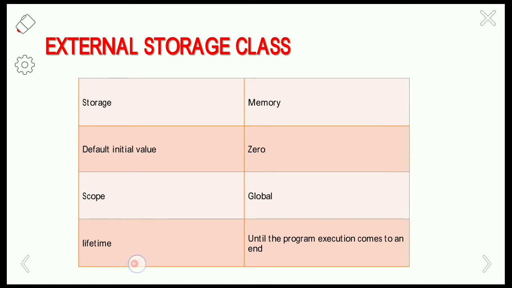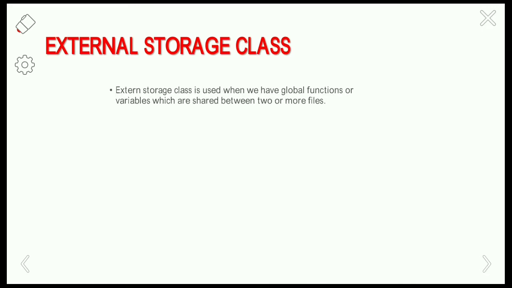The lifetime of the external storage class is until the program execution comes to an end. Since it is a global variable, it will be available and accessible throughout the execution of the program.